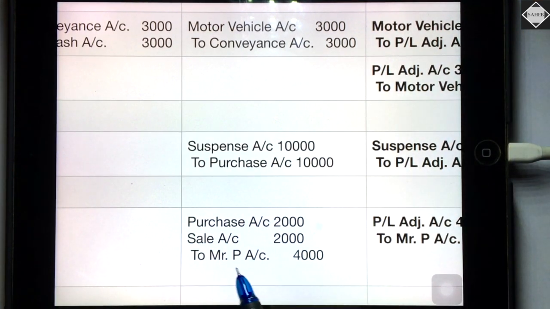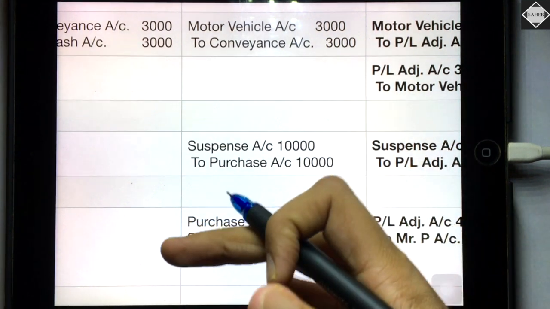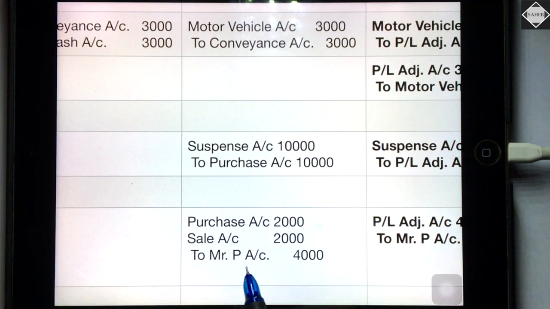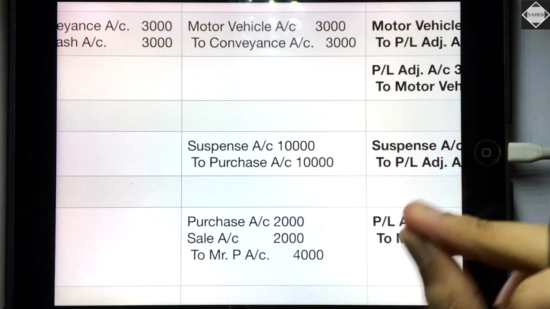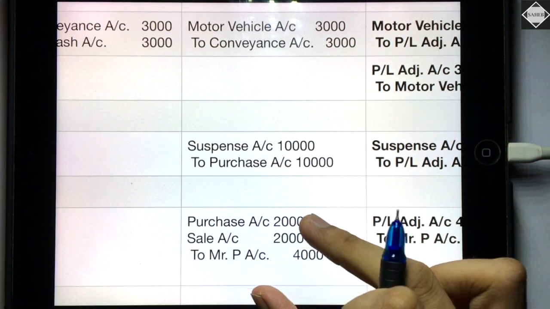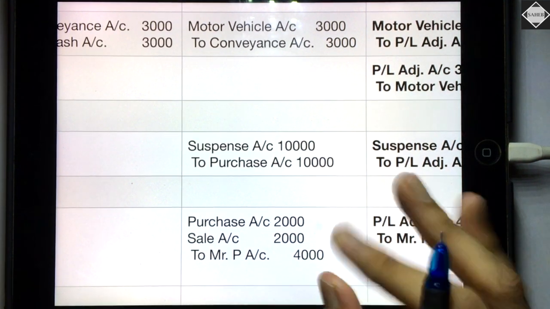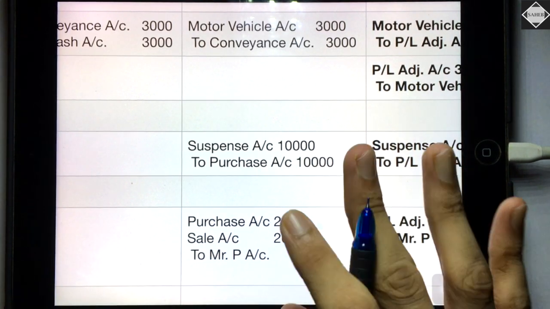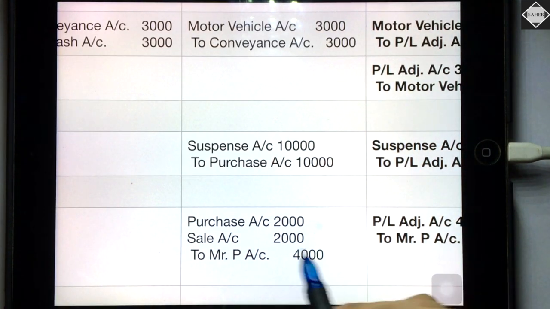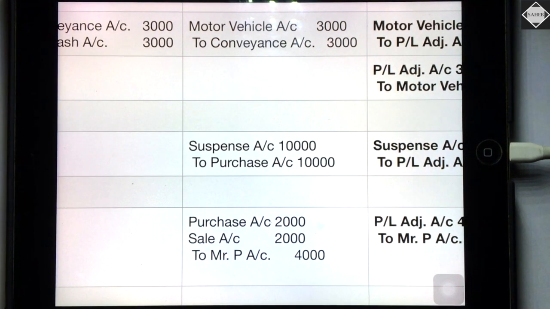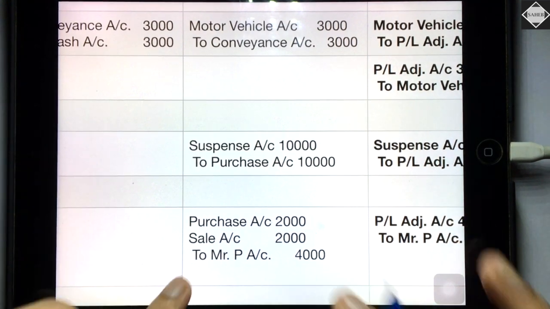And then you have to give the effect in the party's account. That means you have to credit the Mr. P account with the added amount 4,000. The logic behind this added amount and everything I have given in the second video. I cannot explain over here and just stretch the video. So purchase account debit, sale account debit to Mr. P account 4,000. Is it clear? Yes, simple.